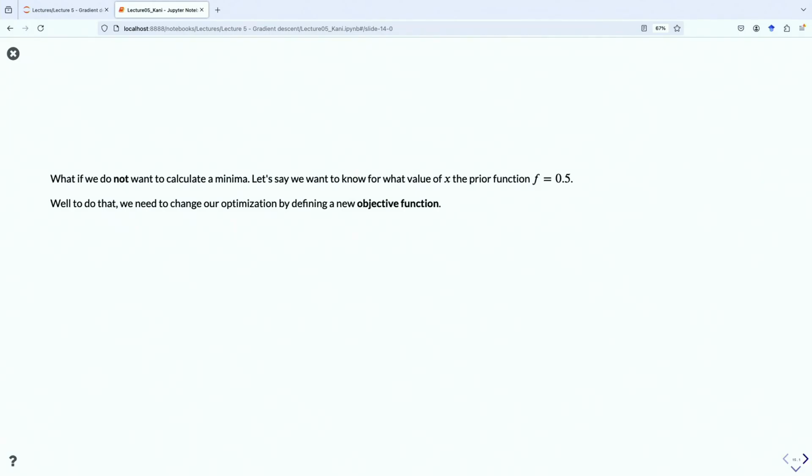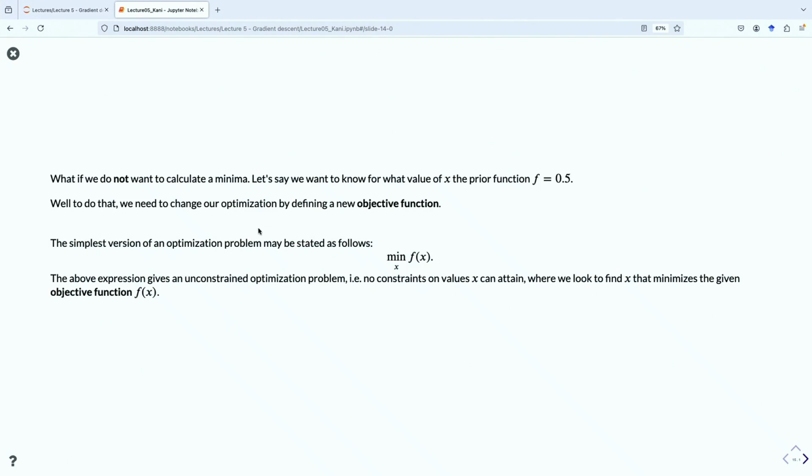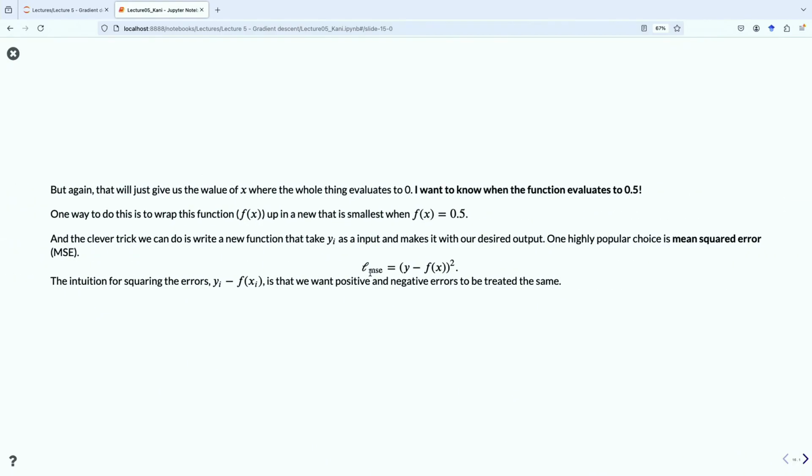It's fairly simple. We simply create a new function that wraps around the previous function. We say we have the previous function, and we want to minimize this new function that is smallest when f of x is equal to the value we want to obtain.